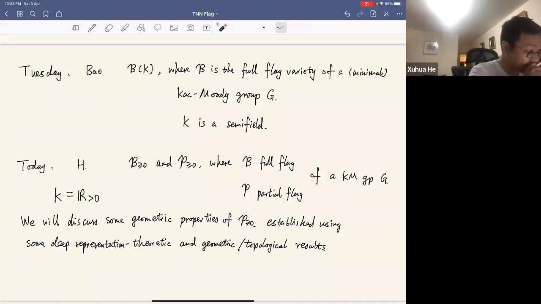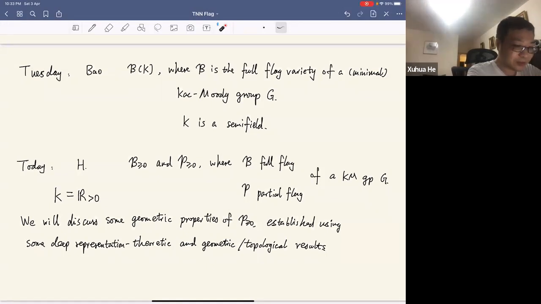And so today we're going to focus on the flag and the partial flag, the totally non-negative part of the flag variety and the partial flag variety, but for arbitrary Kac-Moody groups. So we're going to discuss some nice geometrical properties of the totally non-negative part of the flag varieties.